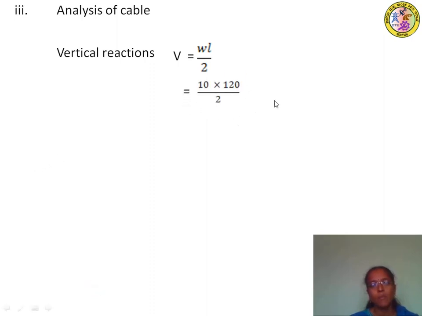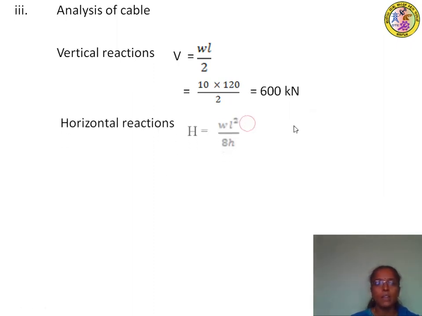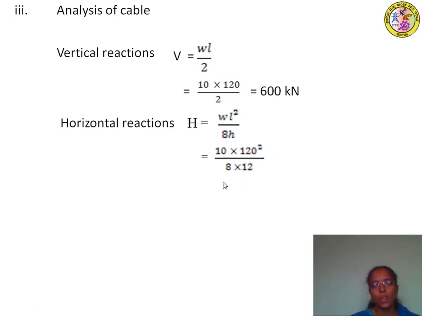Length is 120 by 2, so that will be equal to 600 kilonewton. And horizontal reaction H is given by WL square by 8H. If we substitute it, W is 10 into 120 square divided by 8 into H is 12 meter. So if we simplify it, H will be 1500 kilonewton.